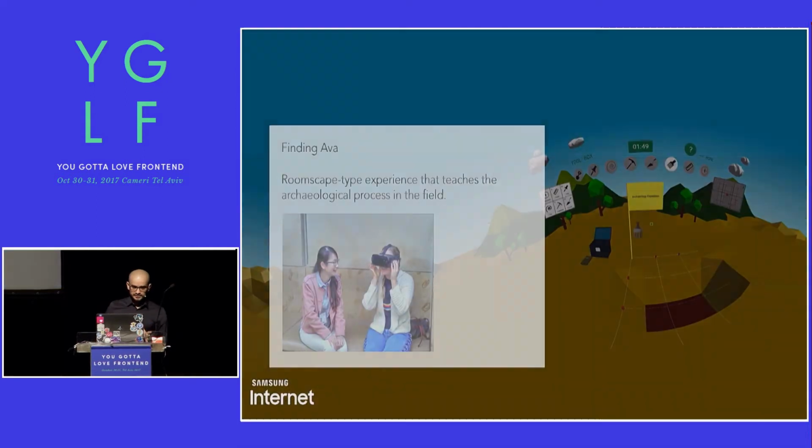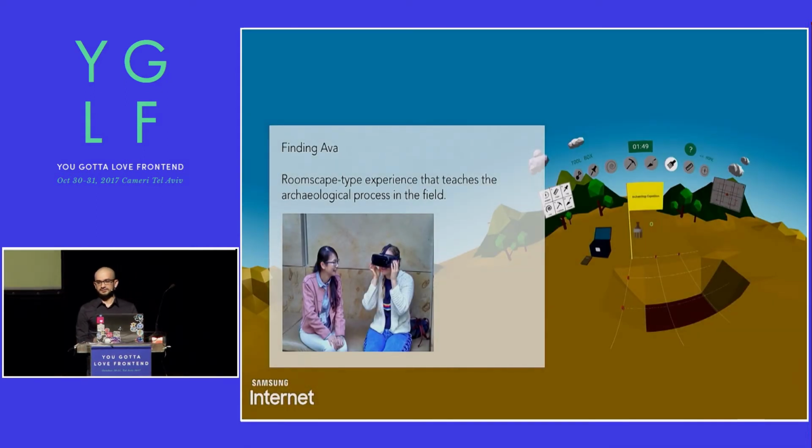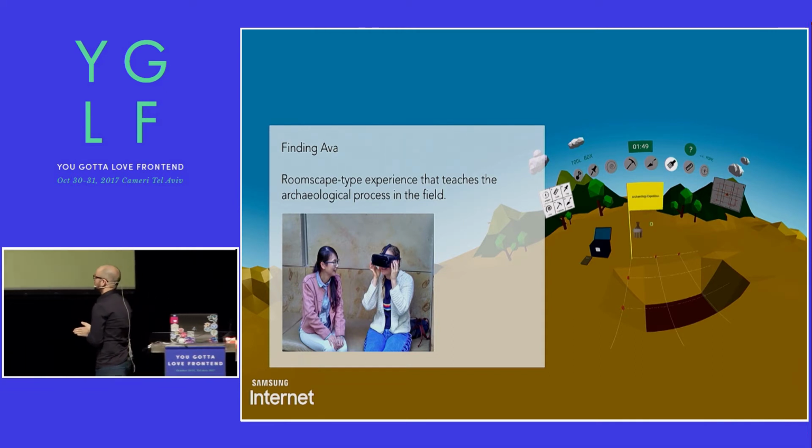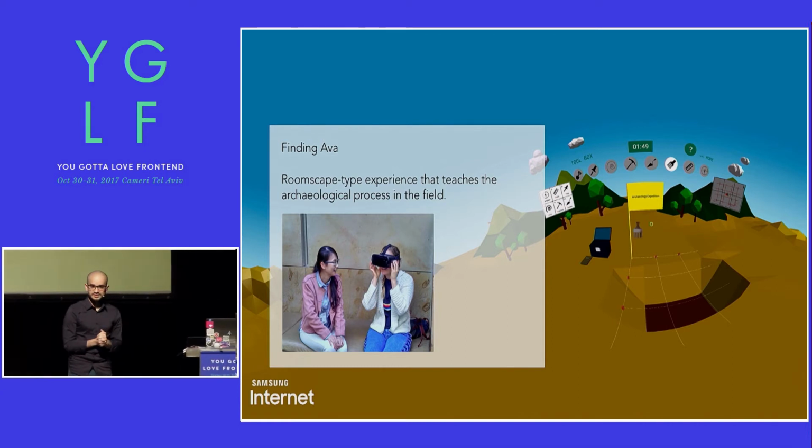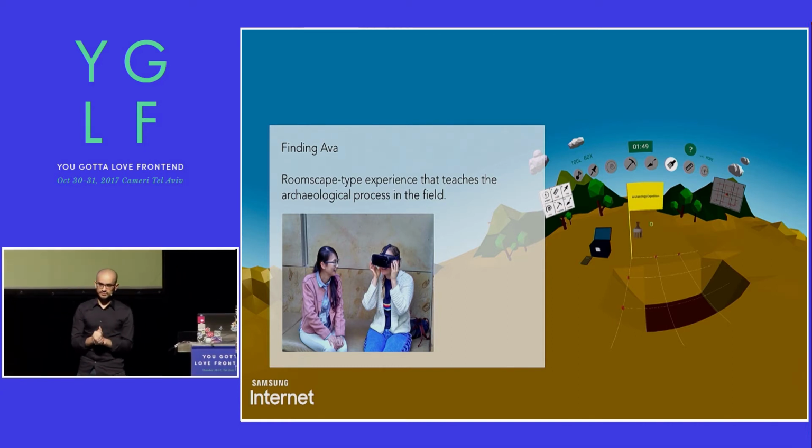This is another experience that came from the same approach that we did with the University of Edinburgh. Finding Ava, which is a RoomScale type experience that teaches us the archaeological process in the field. In the picture, we can see the developer, a non-technical user in the end, and she created this experience by herself with A-Frame.